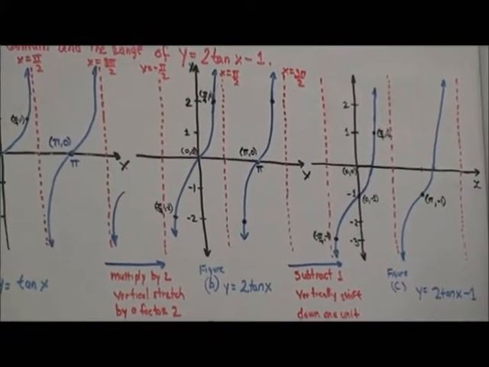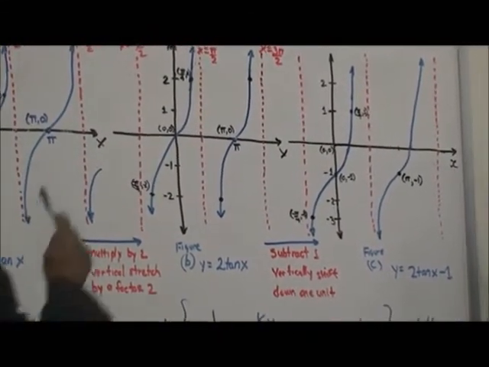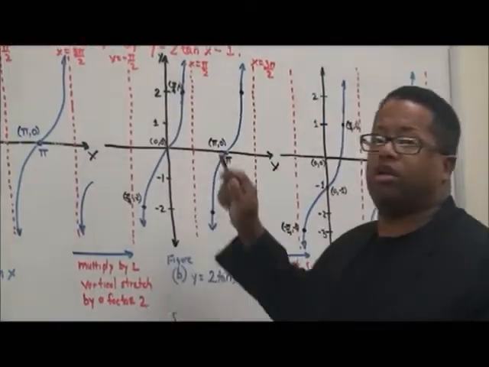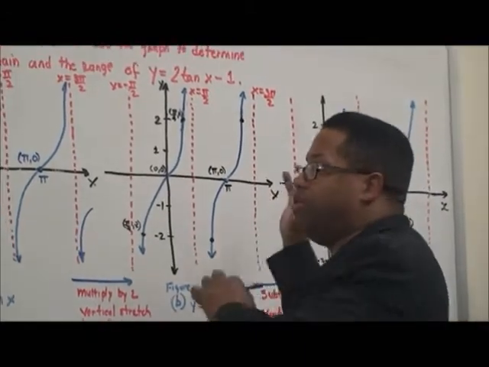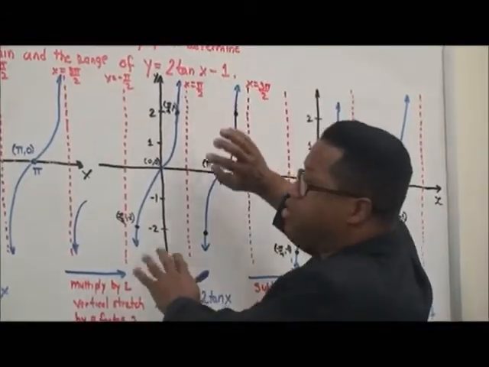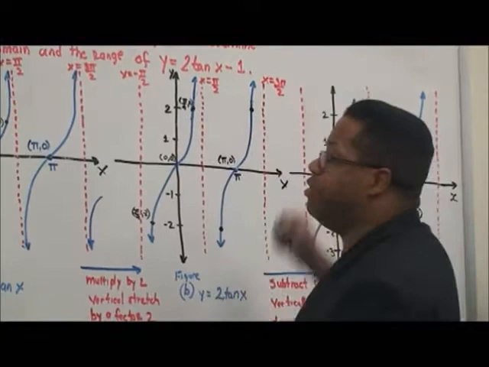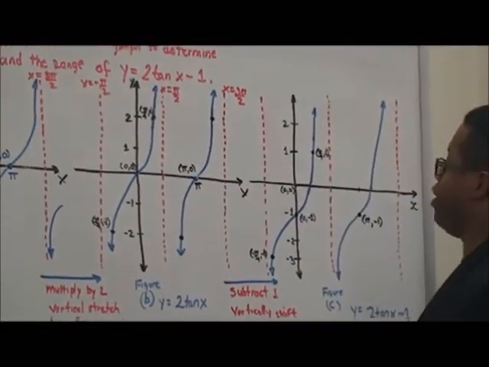So this 2 provides the magnitude of the vertical stretch. That's very, very important. Remember, this is not the amplitude. It's the magnitude by which the graph is stretching vertically.